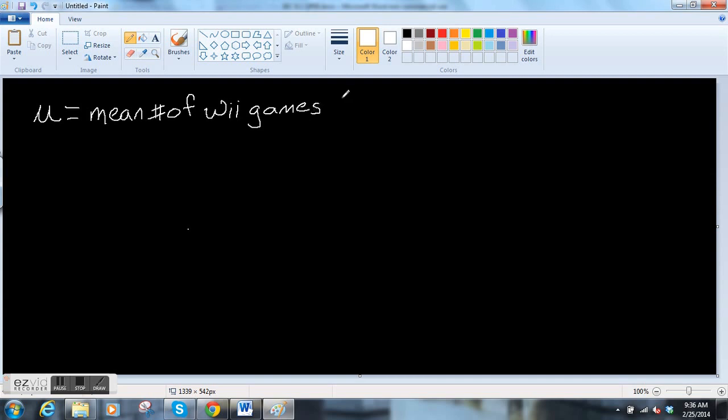They're trying to estimate the mean number of games sold, and I'll say per week. Sometimes you get involved in these problems and you forget what you're looking for, so I find it helpful for each problem to write down what this population parameter is that you're estimating. So this is what we want to know. We don't know what it is, and we're trying to estimate it. So we're going to use a confidence interval.